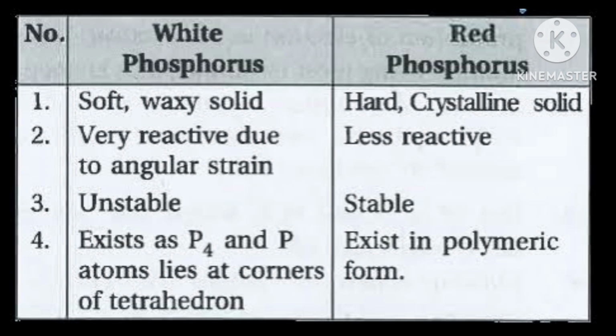The process due to which it glows in the dark is called chemiluminescence. This question is asked. Here it is excitation of electrons.